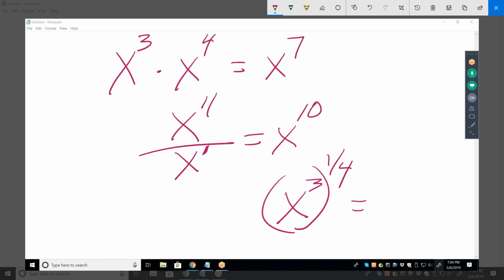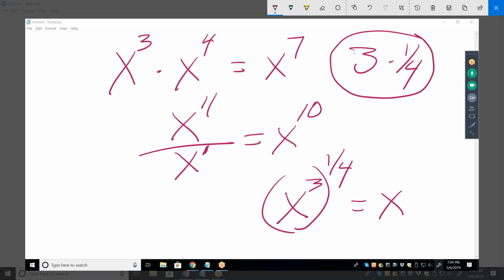And finally, that'd be X to the 12th, or? Multiply those two. What is 3 times 1/4? It's 3/4, right?